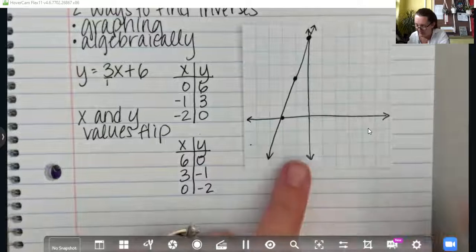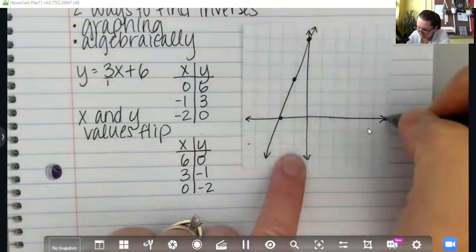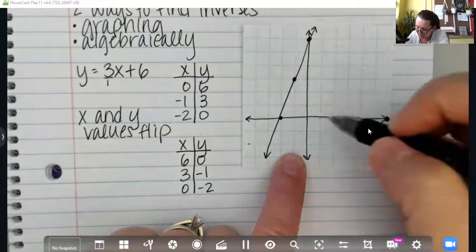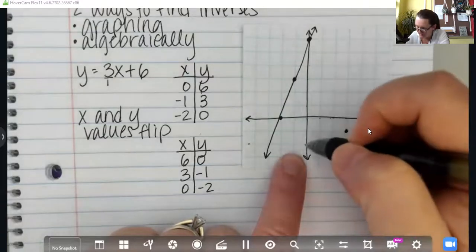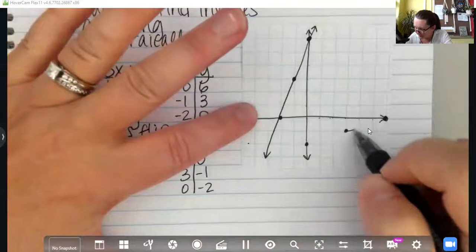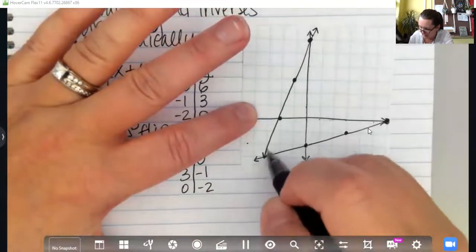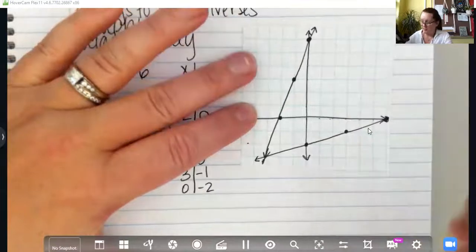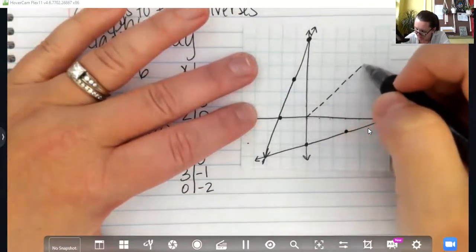So let's graph this and see what it looks like. 1, 2, 3, 4, 5, 6, all the way at the edge. And then 3, -1, 1, 2, 3, down 1. And then 0, -2 is here. So if you notice, our lines intersect here, but also it's a reflection over this line here, y equals x.